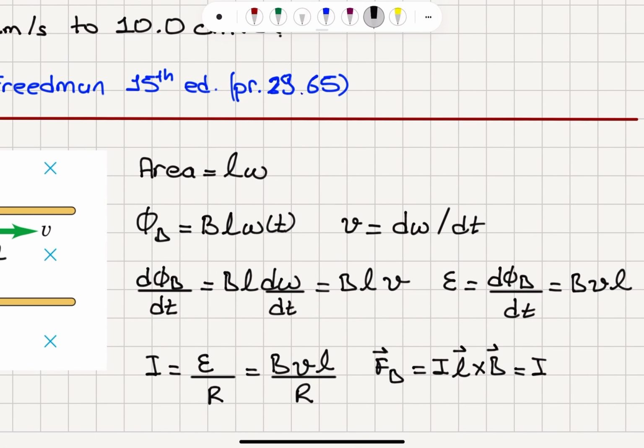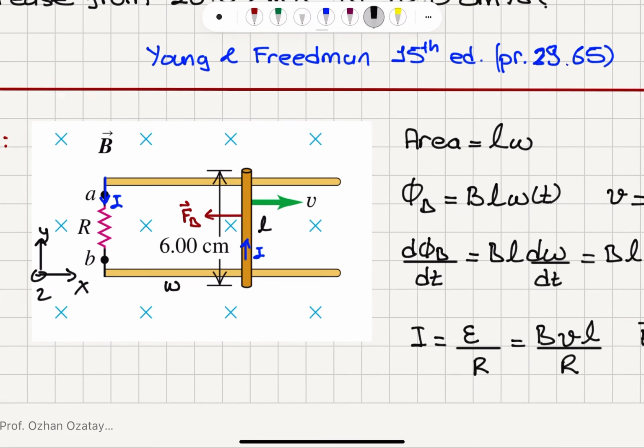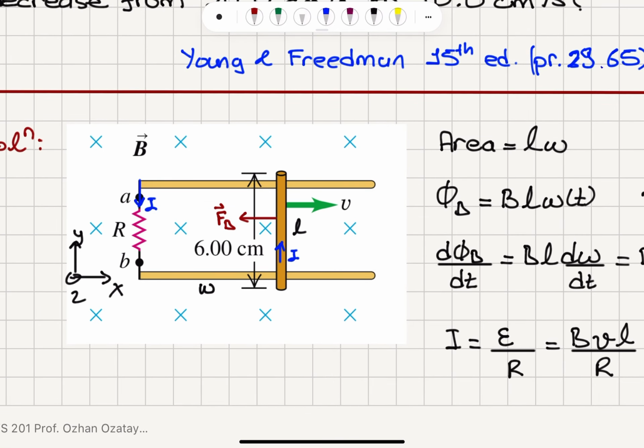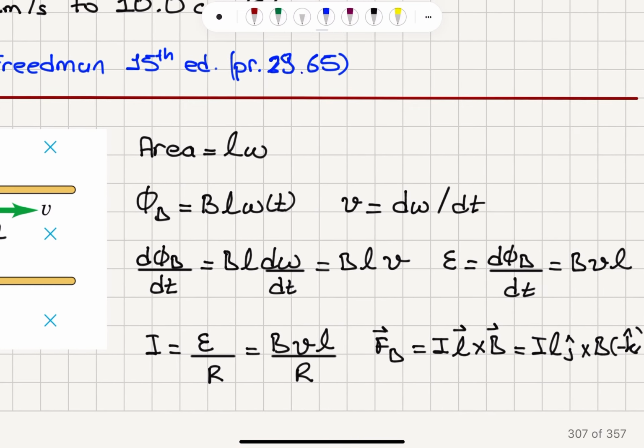So I L j hat cross with the magnetic field in the minus k hat direction. I have defined k hat in the direction out of the page, so the z-axis is coming out. With that, I see that this magnetic force Fb is the current, which is BVL divided by R, times L B j hat cross minus k hat, which is minus i hat.